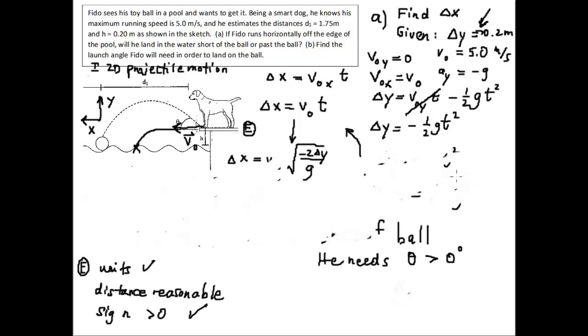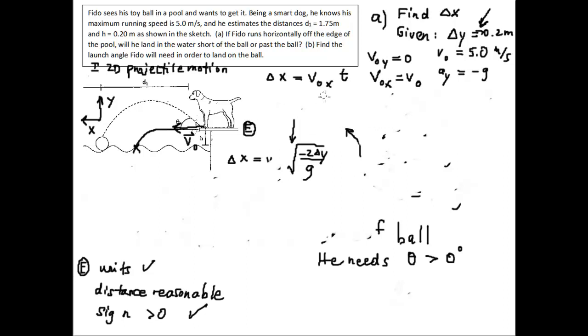So in this kind of case, we are not going to have the same simplifying factor. The takeoff will not be horizontal, right? And so as a result, even though we will use the same equations for delta x and delta y, we will not be able to get rid of the launch angle.